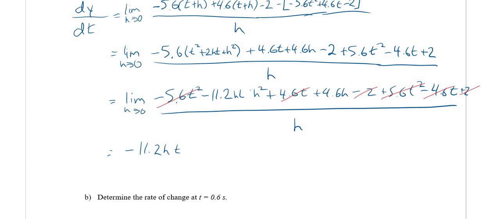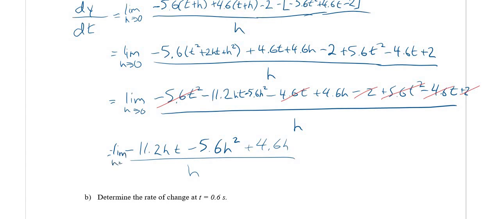Whoops, that's a problem. I forgot to multiply this by negative 5.6. So that's going to be minus 5.6 h squared. And then we have just the 4.6h, all over h. And don't forget your limit definition at the very beginning.